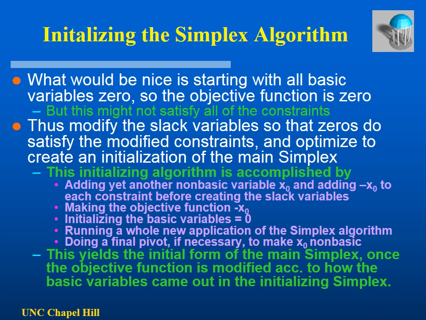The initialization approach then involves modifying the slack variables so that after you get them, you have a set of basic variables that zeros do satisfy the modified constraints. And then we find those, we optimize those slack variables to create a new initialization of the main simplex.